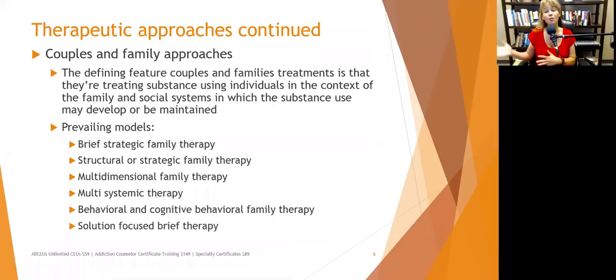So I will do another review on the different types of family therapy, and like I said, I do have some videos on the YouTube channel, but it's important to understand that there are 6 prevailing models of couples and family therapy that you may need to be aware of for your exam, and know how to integrate it when you're working with clients to bring them into treatment. Not every approach is culturally appropriate for every person.